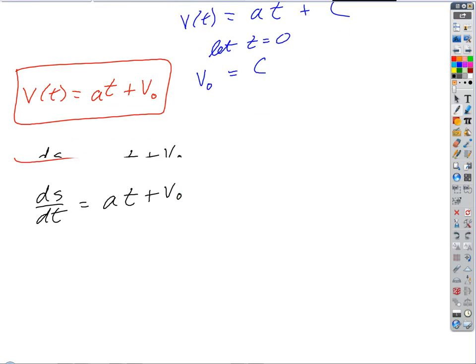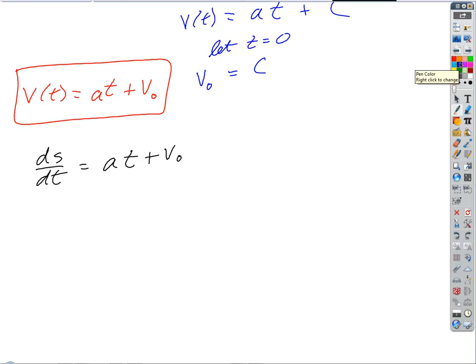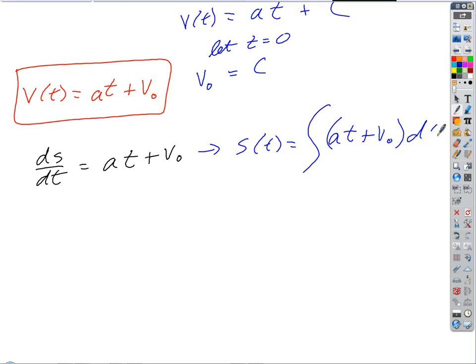On this one, let's take the shortcut. If this is the derivative, then that must be the integrand, so s of t equals the antiderivative of at plus v naught dt, right?